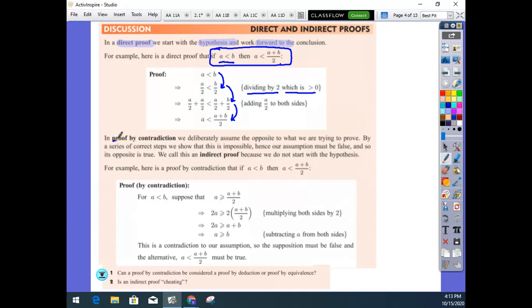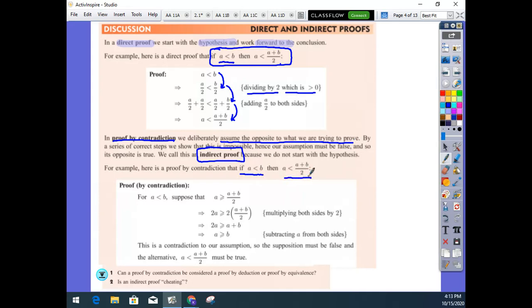You see proof by contradiction, which is also called an indirect proof, quite often. In a proof by contradiction, you assume the opposite of what you're trying to prove. So in our hypothesis, if A is greater than B, then this is true.